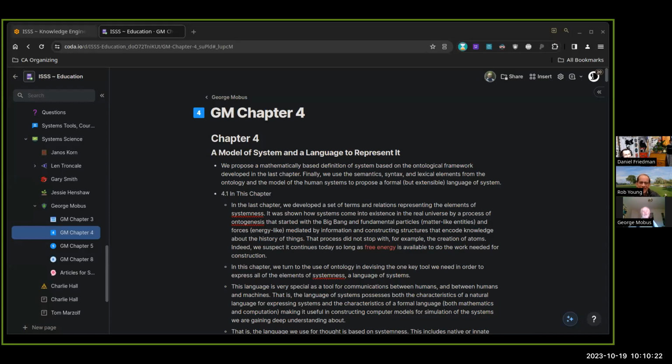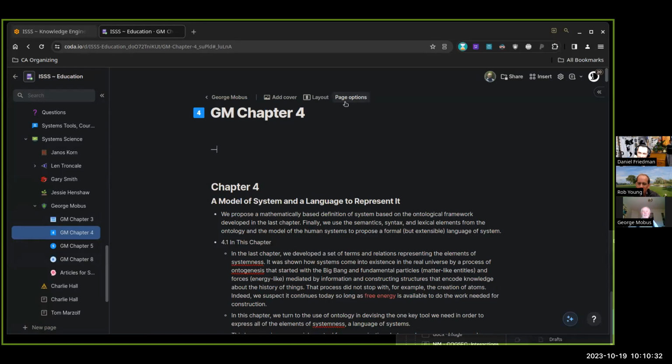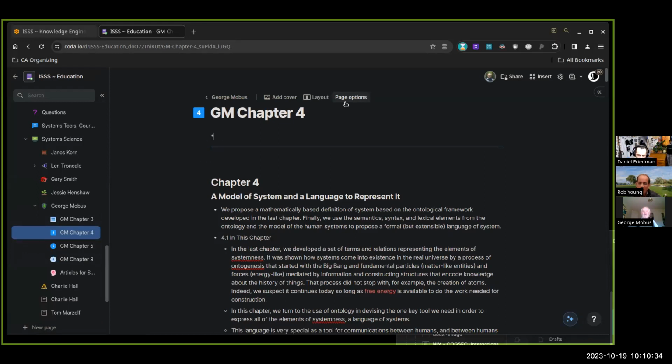Well, you were saying you're ready to tackle chapter 4, which includes the mathematical framework for describing systems, which uses set theory and graph theory, graph theory being a sort of superset of set theory.